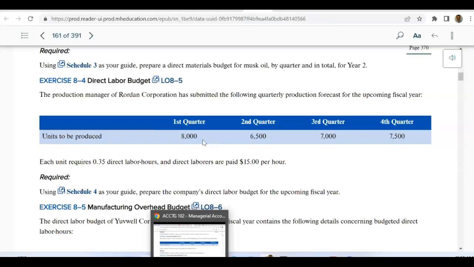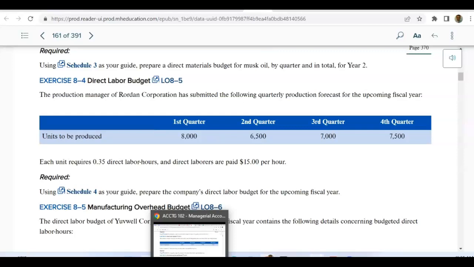Unit of production is 8,000 units in quarter 1, 6,500 quarter 2, 7,000 quarter 3, and 7,500 quarter 4. Each unit requires 0.35 direct labor hours, and direct labor are paid at $15 per hour. Required. Using Schedule 4 as your guide, prepare the company's direct labor budget for the upcoming year.